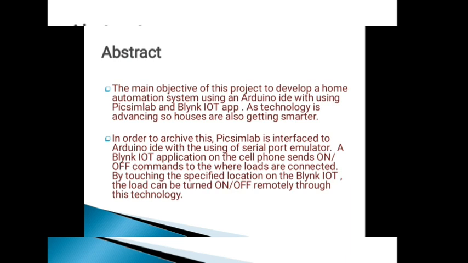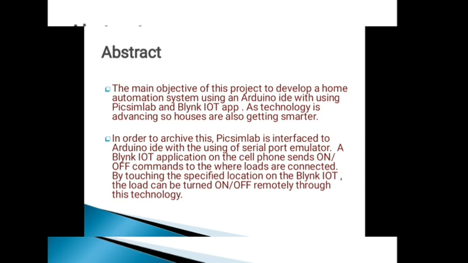By this technology, we perform so many applications like AC remotes. For example, we turn the AC on or off by using a remote, which means the remote contains sensors.